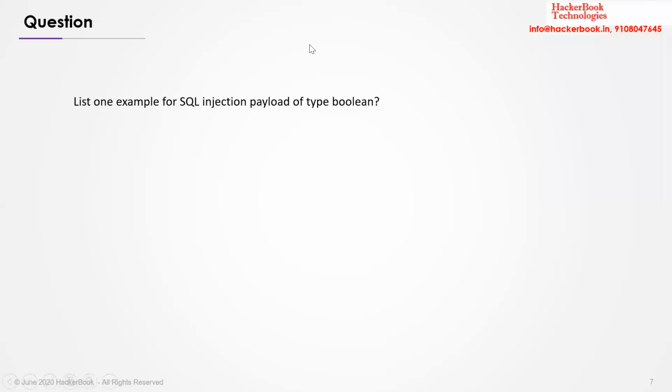Something like the or operator, and operator, 4 is equal to 4, 4 is equal to 5. Those are examples of Boolean based payloads.